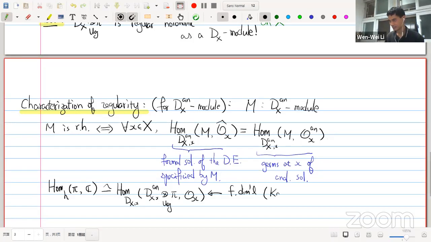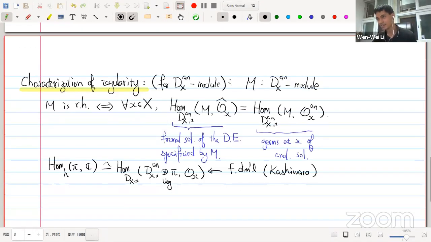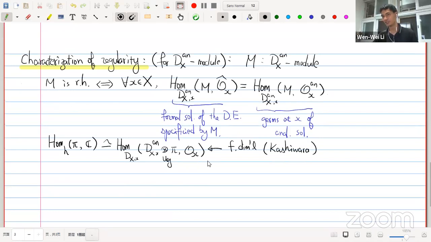This is a theorem due to Kashiwara, but I think it was also found independently by some other people. So in particular, the Hom space on the left is finite dimensional. Of course this is a good result, but there exist simpler proofs that work in even greater generality.